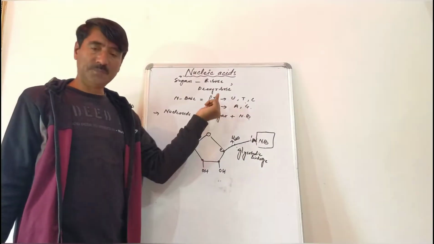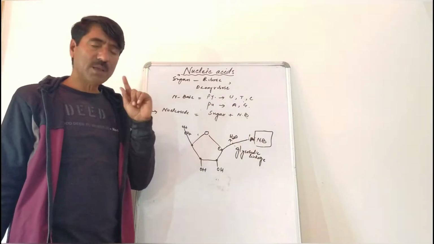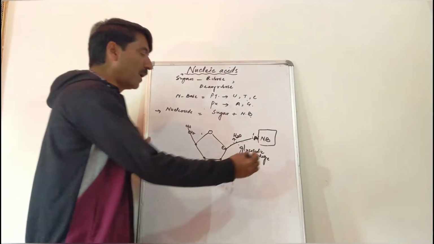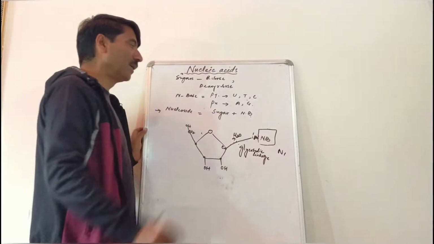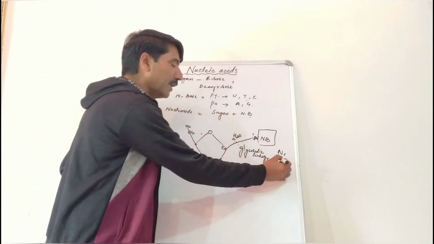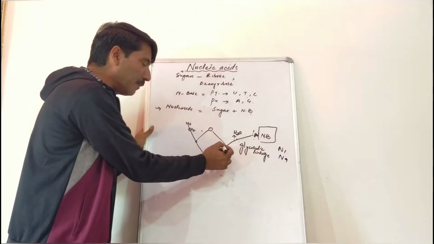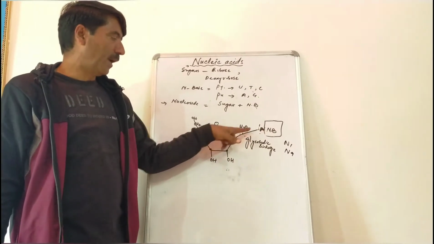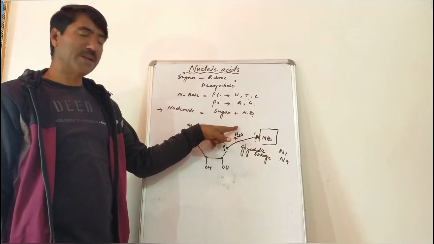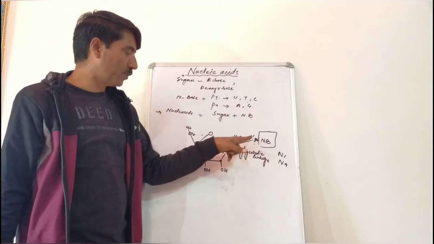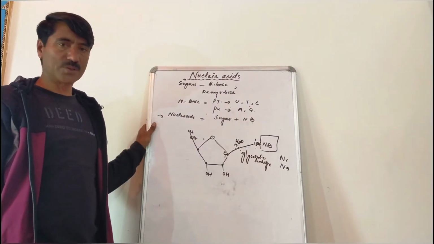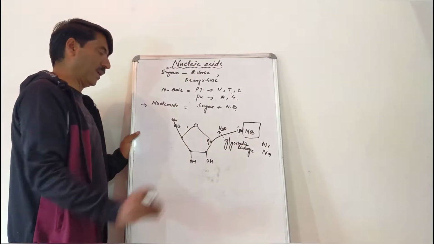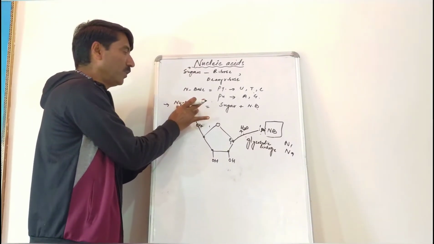It could be a pyrimidine, it could be a purine. लेकिन ये बात जरूर याद रखनी है कि नाइट्रोजनस बेस अगर पायरिमिडीन है तो उसका नाइट्रोजन नंबर 1, that is N1, और अगर नाइट्रोजनस बेस प्यूरिन है तो उसका नाइट्रोजन नंबर 9. इस कार्बन नंबर 1 जो शुगर का है, इसके साथ ये लिंकेज करता है, and the linkage develops here due to the condensation reaction, and this is between carbon and nitrogen, and such linkages are called glycosidic linkages. Now a nitrogenous base combines with a sugar, forms a unit that is called the nucleoside.